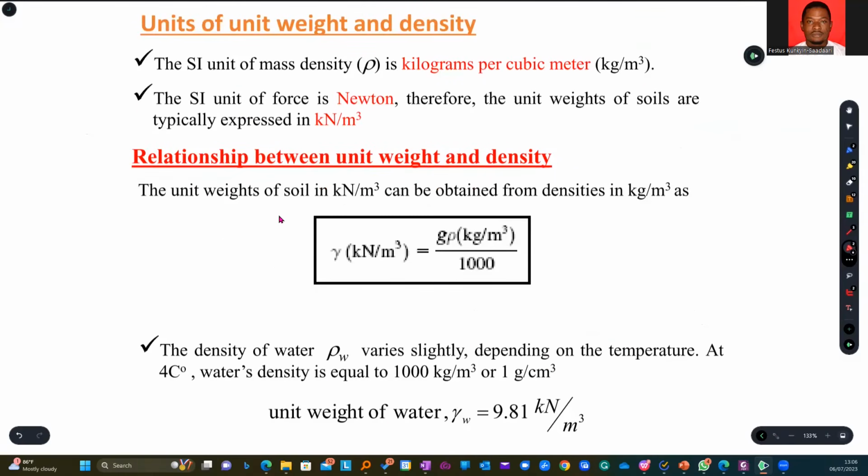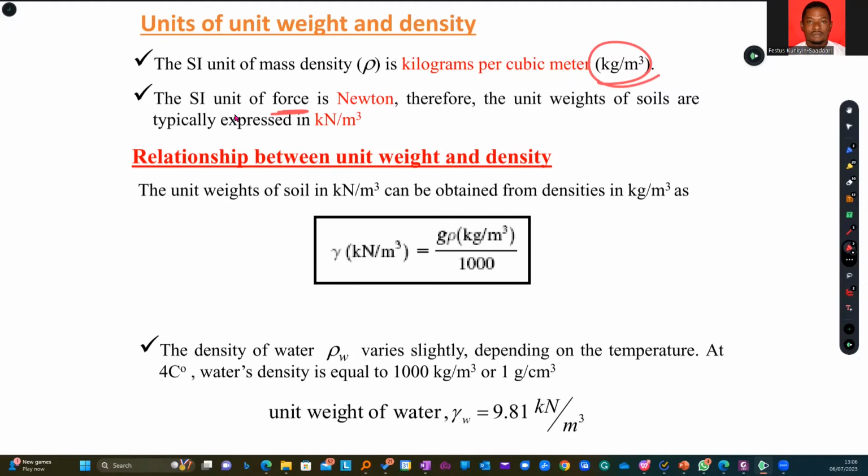So these have various SI units that you need to take note of. The density of a material is in kilograms per meter cube. And then you have Newton, the SI unit for force, which we will be dealing with a lot of times.